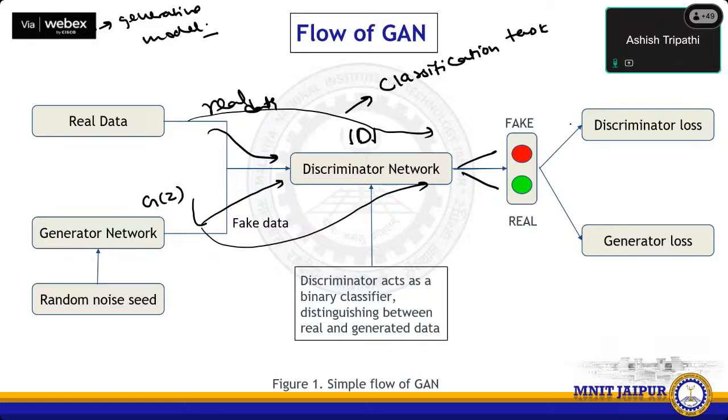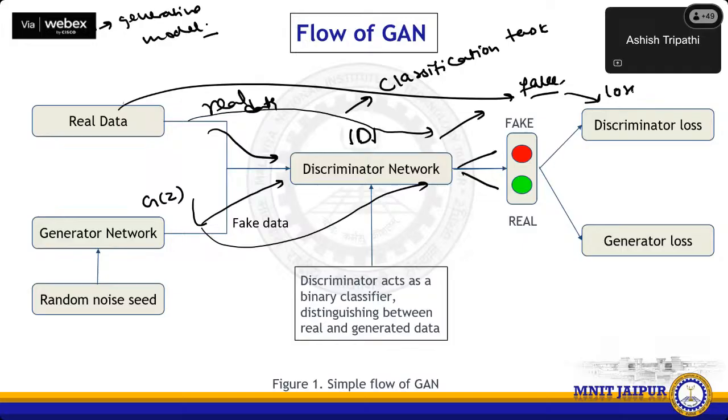Based on that, losses will be calculated for the discriminator. For example, if the discriminator classifies a sample as fake when it is real, its classification is wrong, so we have to calculate the loss, and on the basis of the loss we keep updating our network. Got it?